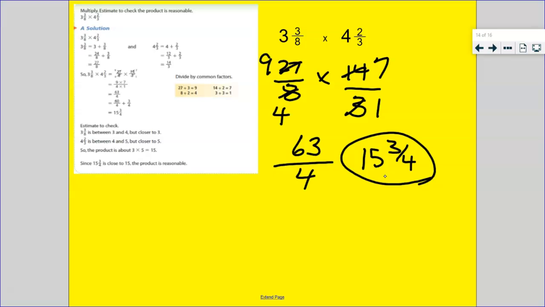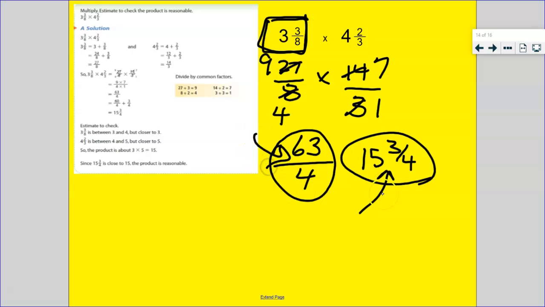I don't want to get too far ahead of myself here. So switch to improper. Make sure you're crossing out the diagonals, reducing first, and then you'll get your answer. Or sorry, if you started with a mixed fraction, and it ends up improper, you should put your answer back to a mixed fraction.